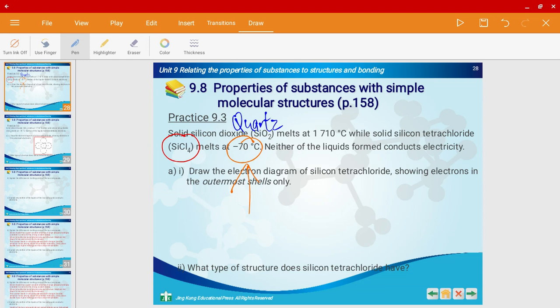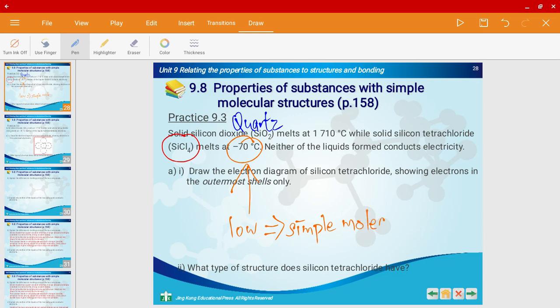However, SiCl4 melts at negative 70 degrees Celsius. So from this, we know that it is a pretty low melting point. What kind of structure has a low melting point? Yes, the simple molecular structure.